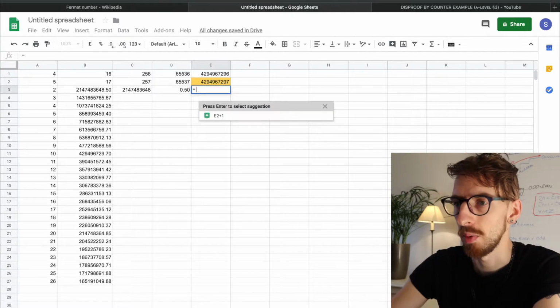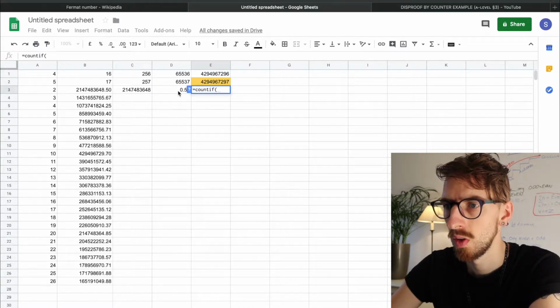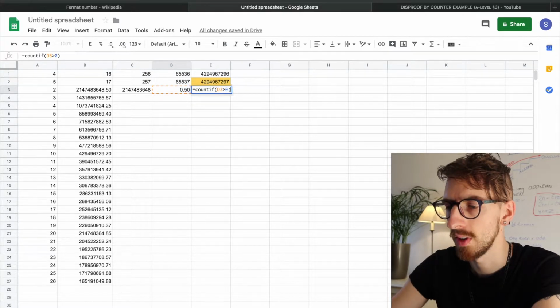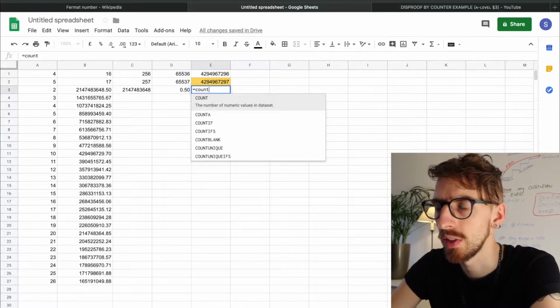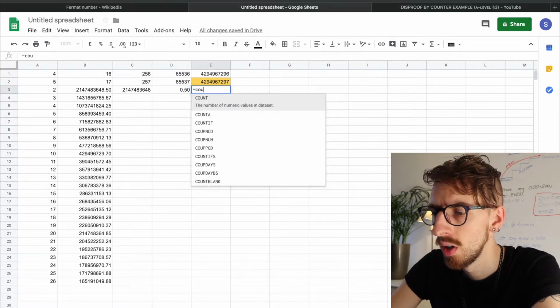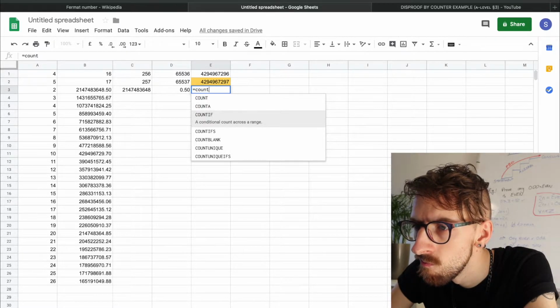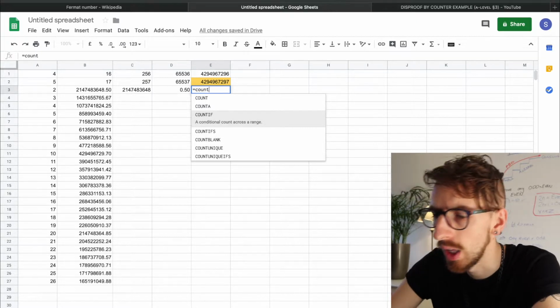The good thing about that is that what we're going to do here is count if it's greater than 0. Is that right? That's not right. I just want it to mark it as a 1.